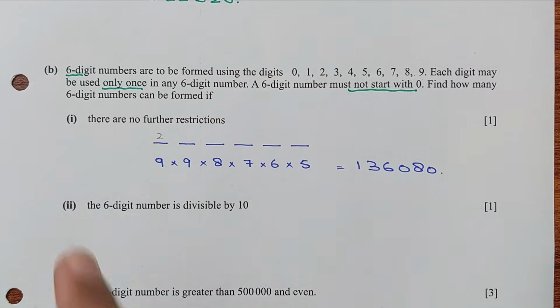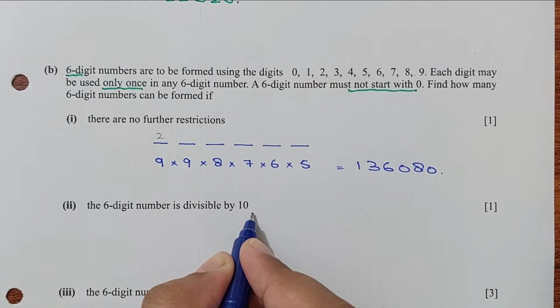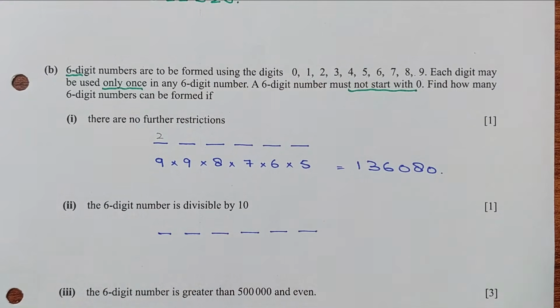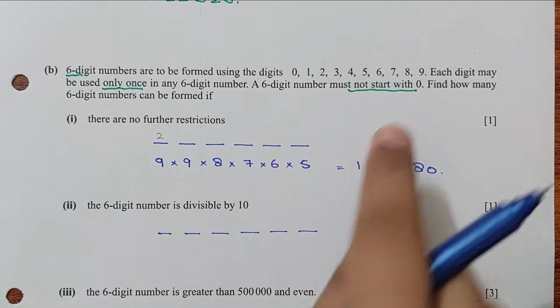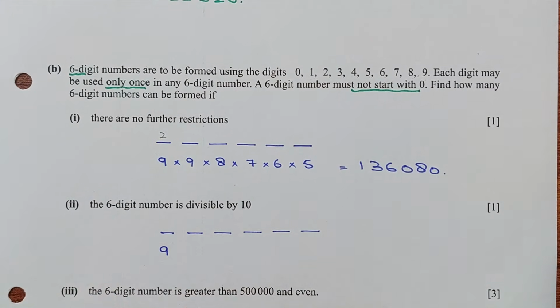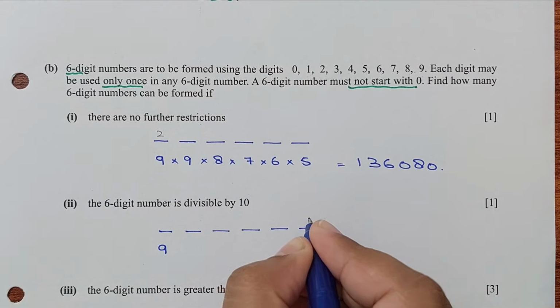Now for the second part, the 6-digit number is divisible by 10. We have the restriction that it must not start with 0, so we have 9 options for the first digit. If it is divisible by 10, it must end in 0, because 10, 20, 30, 40 and so on. So the last digit should be 0.